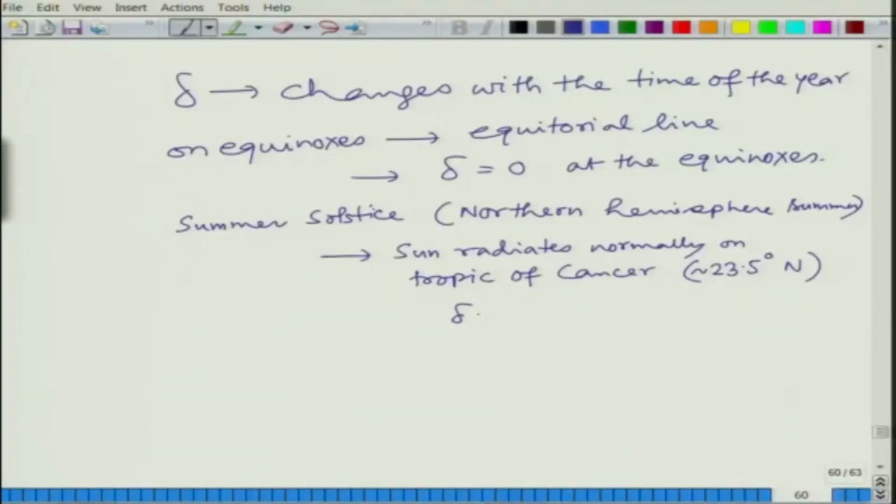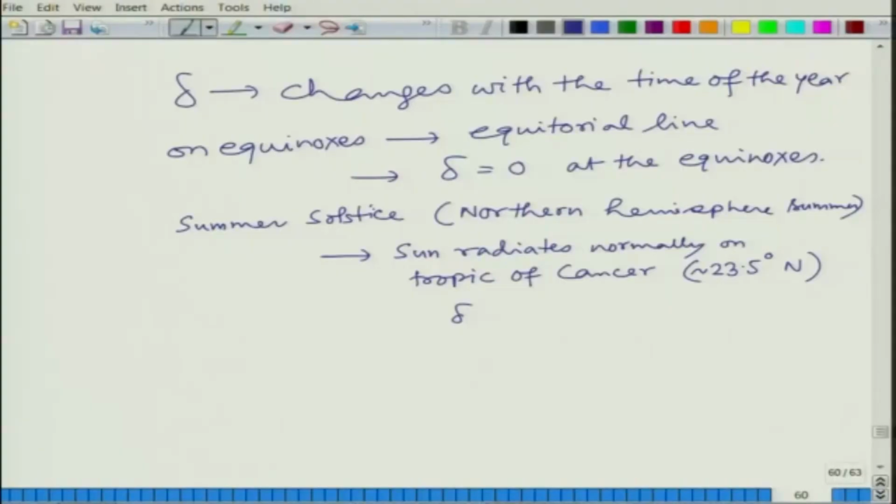So, what do you expect the declination angle to be on this summer solstice? That would be plus 23.5, right. So, the declination angle will be 23.5 degrees, and the convention is north we call positive. So, that is how this is positive 23.5 degrees.